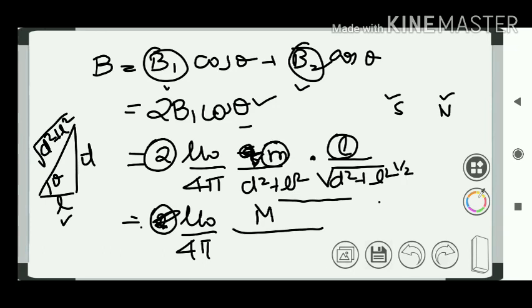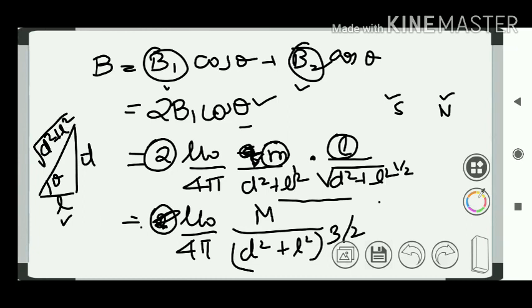Root, and there is 1 over here. 1 plus 1 by 2 is 3 by 2. So I can write it here as 3 by 2. Clear? So the entire derivation is the same as that of electrostatics. So what is the next step?